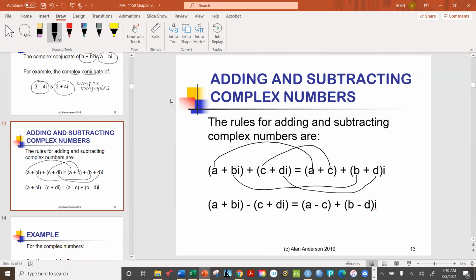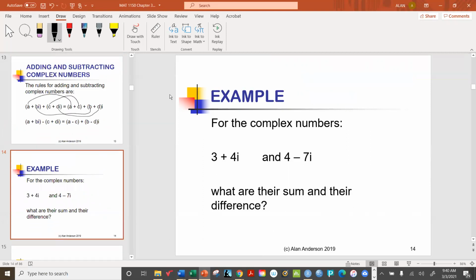All right, let's look at some examples. Now let's add and subtract these two. Well, I don't think we'll have a problem doing that. In fact, you could actually line them up if you are concerned about making mistakes.